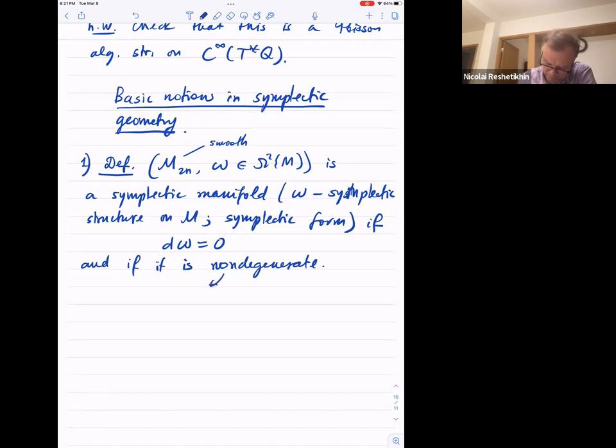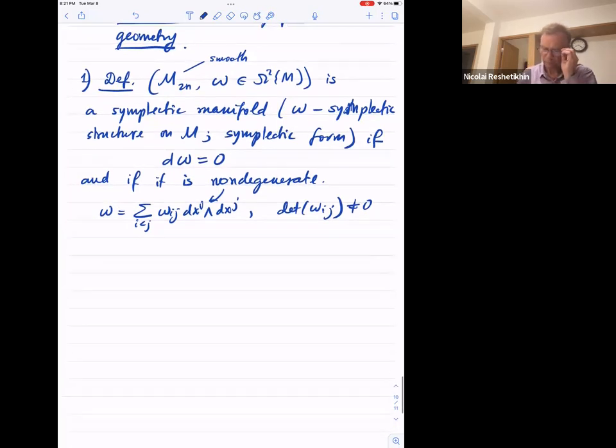Non-degenerate means that, say, in local coordinates, if you write this form as a sum over i less than j of omega_ij dx_i dx_j, then the determinant of omega_ij, this skew-symmetric matrix, should be non-zero. Equivalently, in a coordinate-free form, since omega is a 2-form, it defines a mapping from the tangent bundle of M to the cotangent bundle.